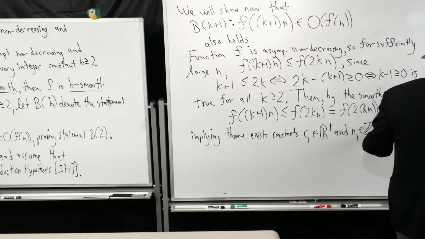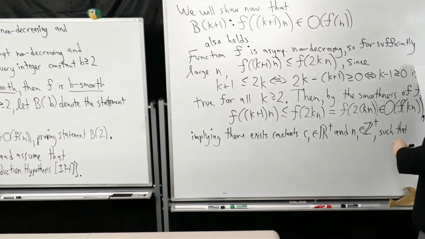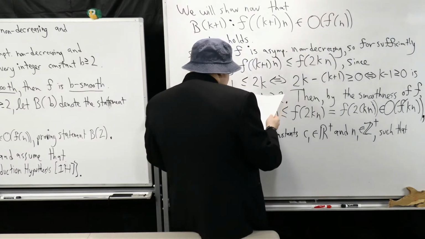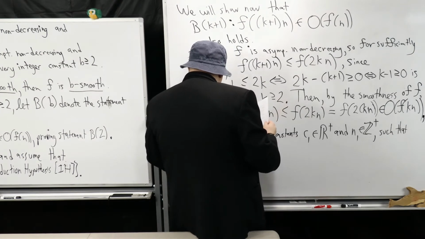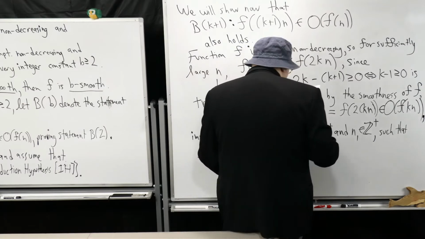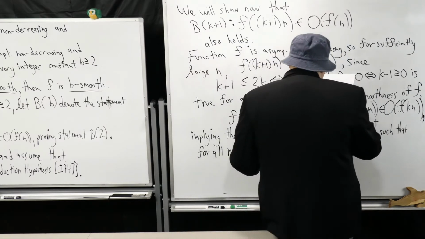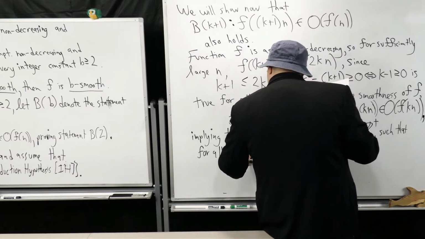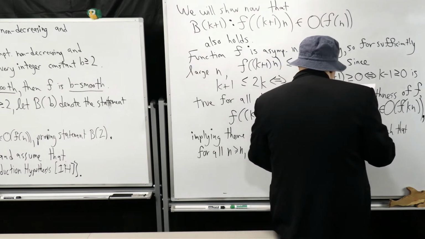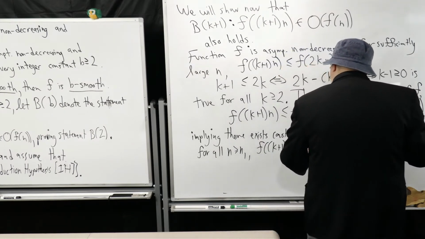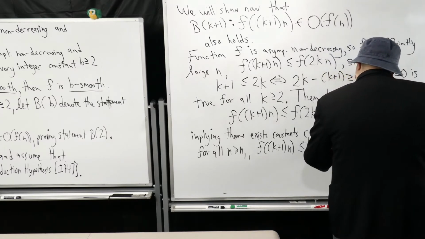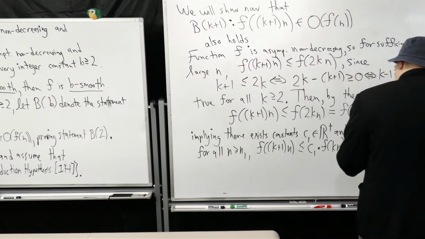Such that for all n greater or equal to n sub 1, f of (k plus 1) times n is less than or equal to c1 times f of k times n.